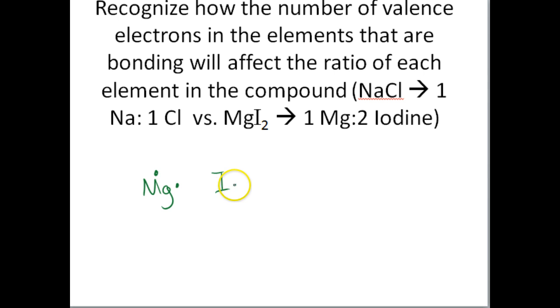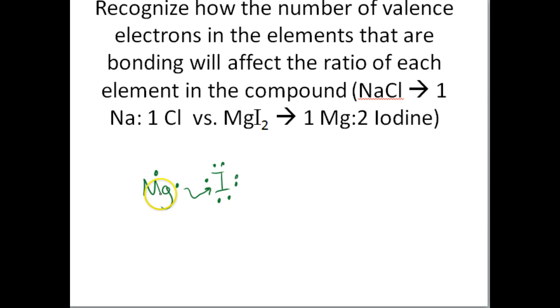Iodine has 7. Now, iodine is going to be more stable if it gets another electron to go in here, and it will take it from magnesium.